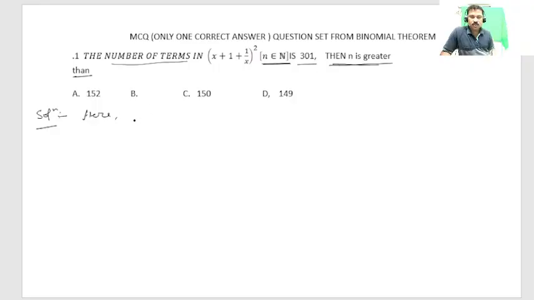Here we see that the problem is (x + 1 + 1/x) whole square. We expand this first and then solve the problem.